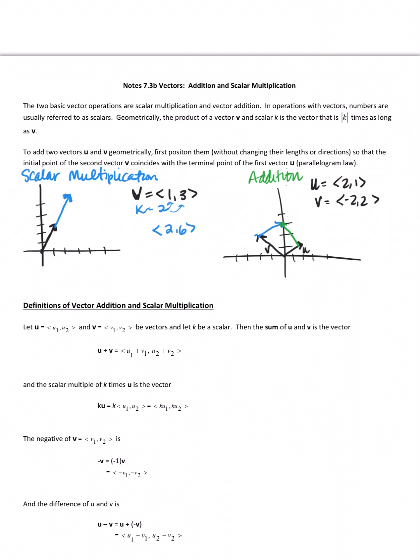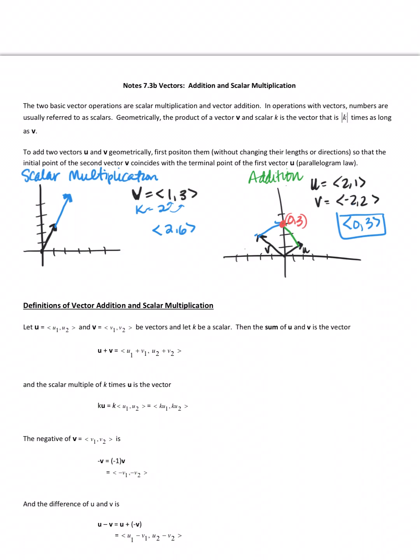So either way, I'm landing at this point at 0, 3. So how would that happen? Well, it happens because when you add them, you're adding the x component and the y component. So when I add them, I have 2 minus 2 gives me a 0, and 1 plus 2 gives me 3. So I literally add the x and the y components, and that's all it is.